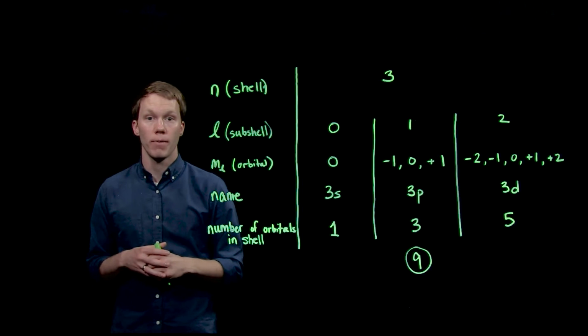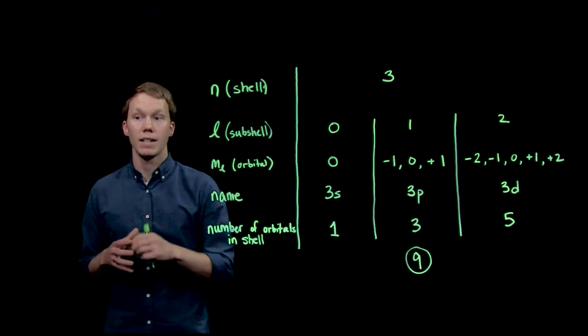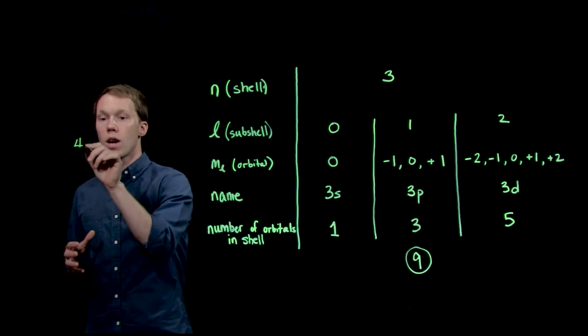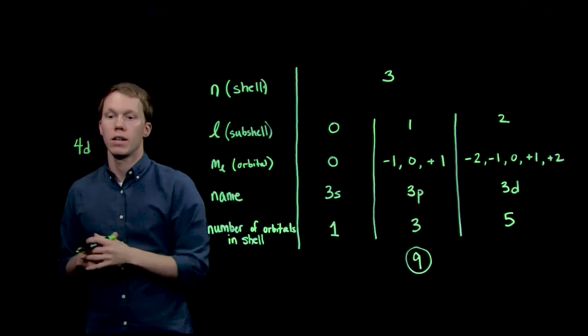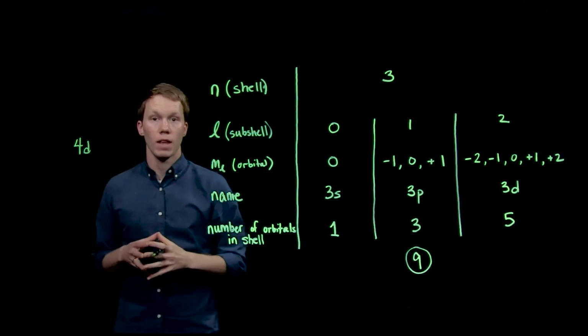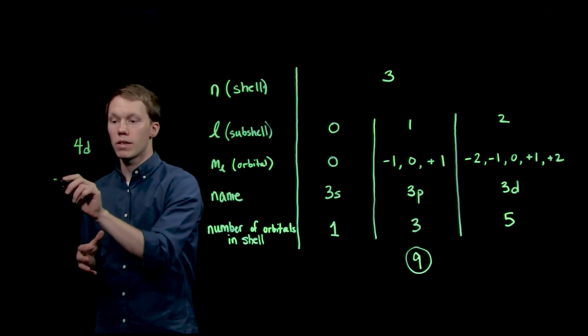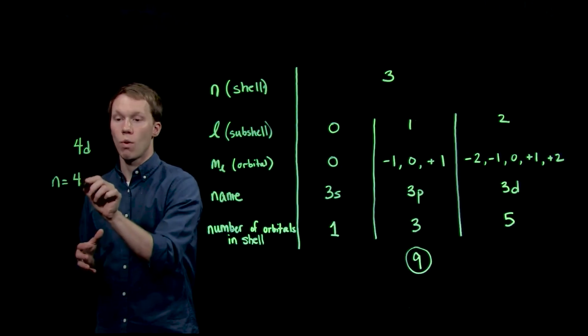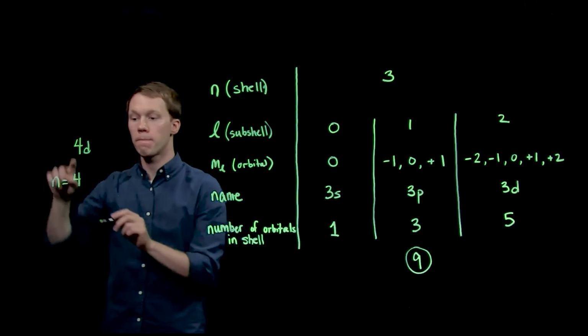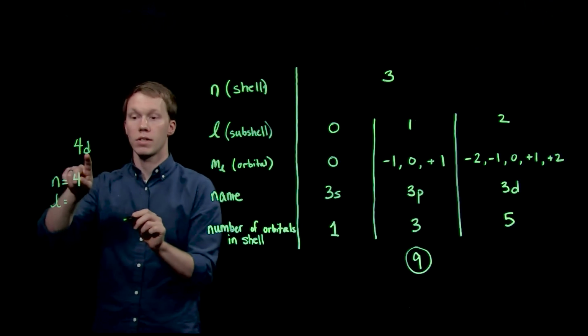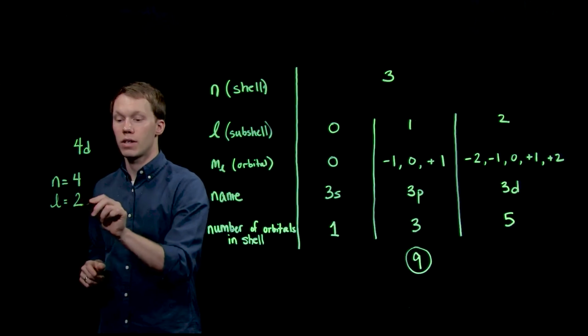Let's say we're looking at the 4d subshell. Well, we can assign quantum numbers. n would equal 4, that's my principal quantum number. L corresponds to the d, that translates to the number 2.